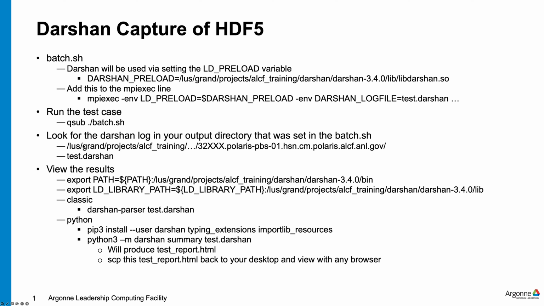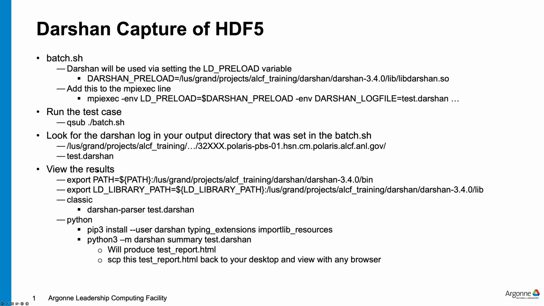So if you kept it as lus grand projects ALCF training, you might have made some intermediate directory. And then this script creates another directory named by the job ID. So assuming we don't run another few hundred jobs, it'll be 32 with some number .polaris. And if you cd into this directory, you'll find test.darshan.